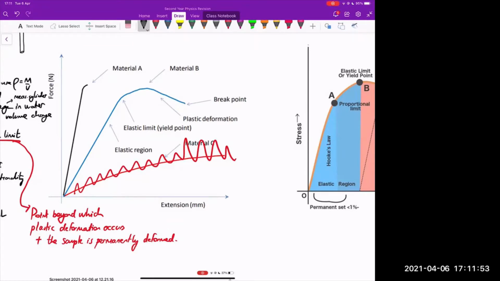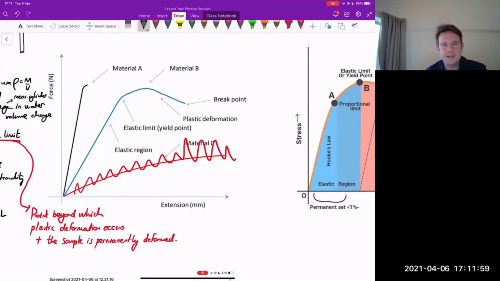Is stiff the right word? Or is it brittle? So it's both, in fact. Material A is stiffer than material B because it requires more force to produce the same extension.